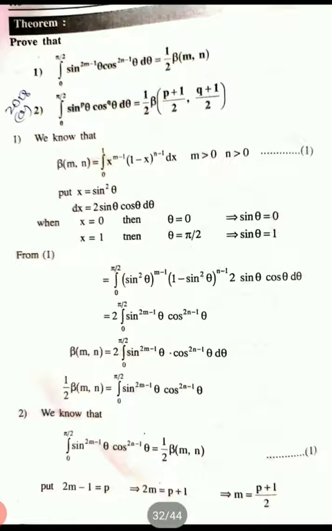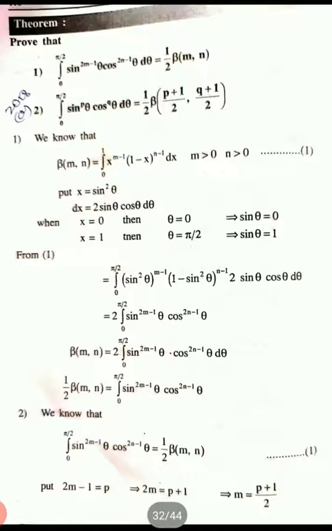Let's see the second one. Integration 0 to pi by 2 sin raised to p theta into cos raised to q theta into d theta is equal to 1 by 2 into beta of (p plus 1) by 2, (q plus 1) by 2.